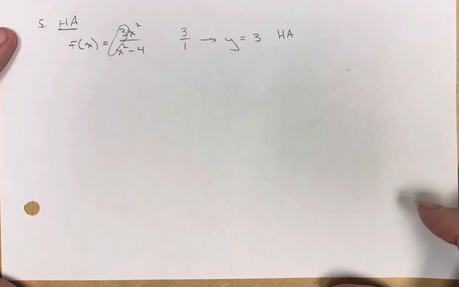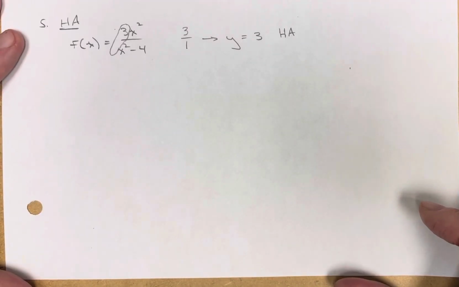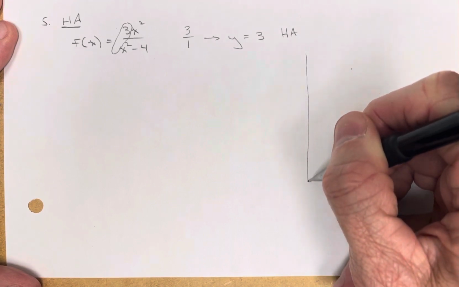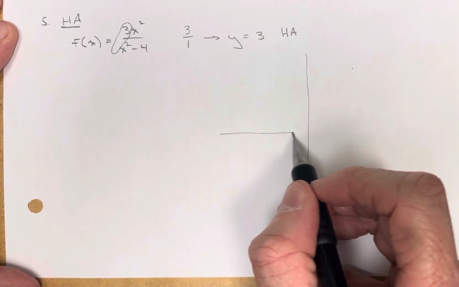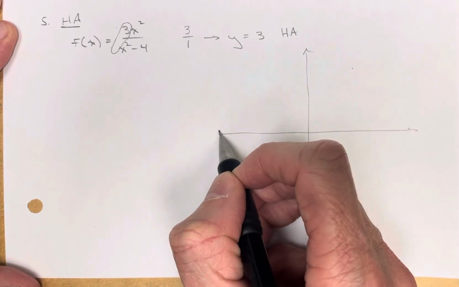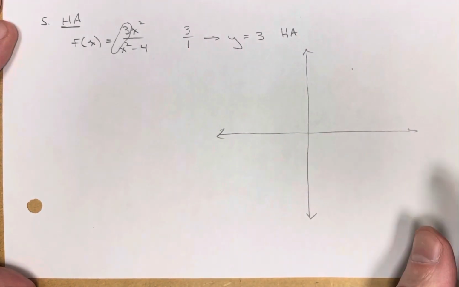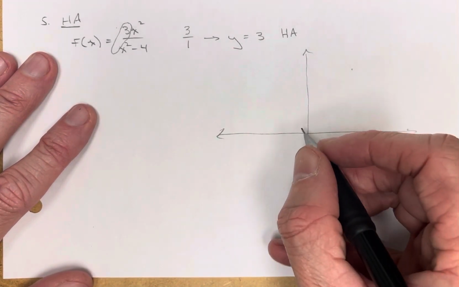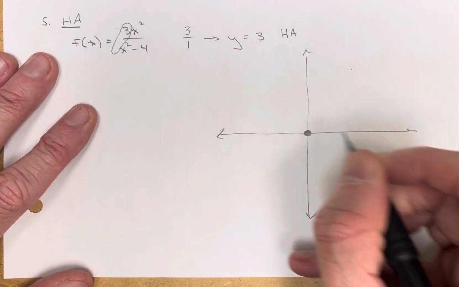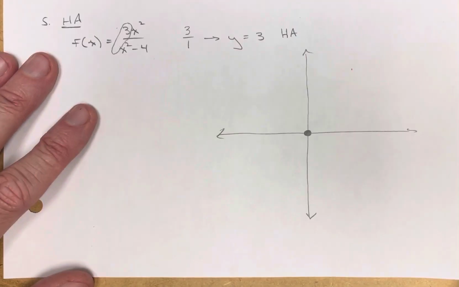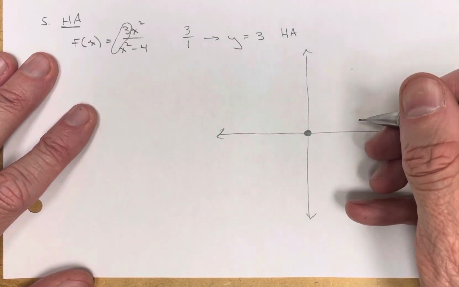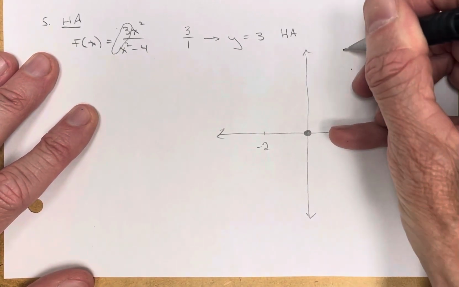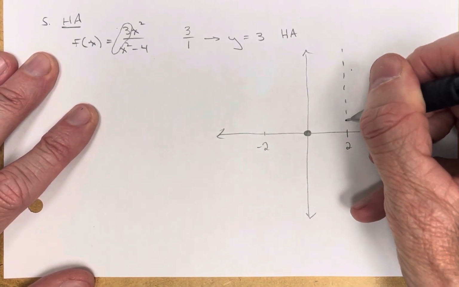Now let's sketch. Of course, we've already seen it, but we're now going to sketch it. I'm going to draw a pretty big graph because I know how this turns out. What do I know? I have y-axis symmetry. I know that I have an x-intercept and y-intercept at the origin. I know that 2 and -2 are both vertical asymptotes.